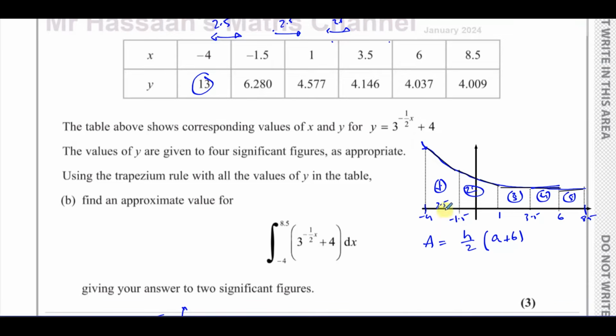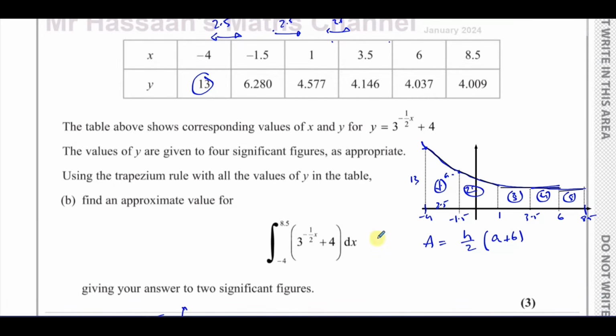And the y value of this ordinate here, at -1.5, is the height of this parallel side. So this is 13, and this is 6.280. If we were to find the area of this trapezium on its own, it would be 2.5/2 times 13 plus 6.280.